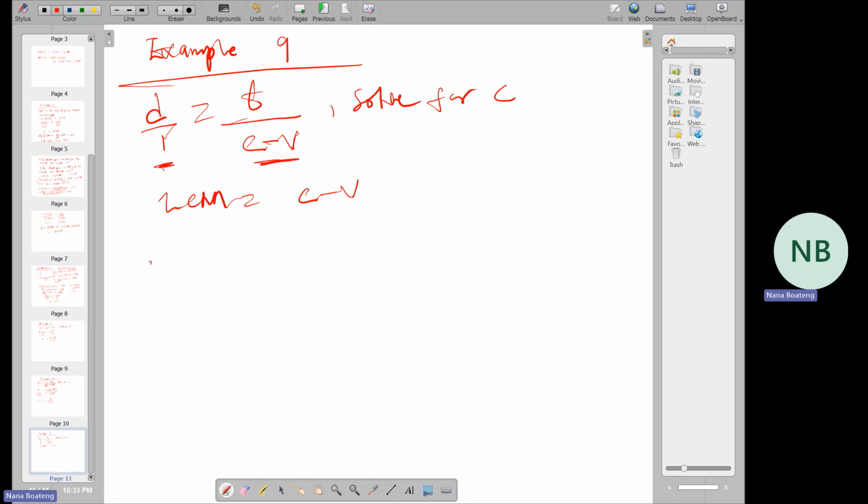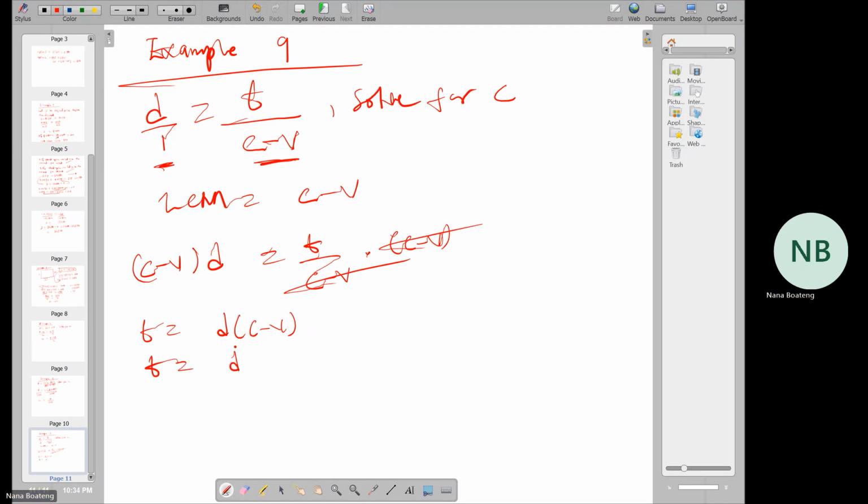So (C minus B) times D is equal to T divided by (C minus B) times (C minus B). All right, so the C minus B divided by C minus B cancel. So we have T is equal to D times (C minus B). And if we expand this, we have T is equal to DC minus DB.